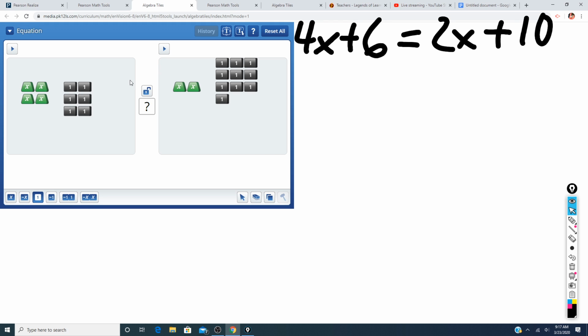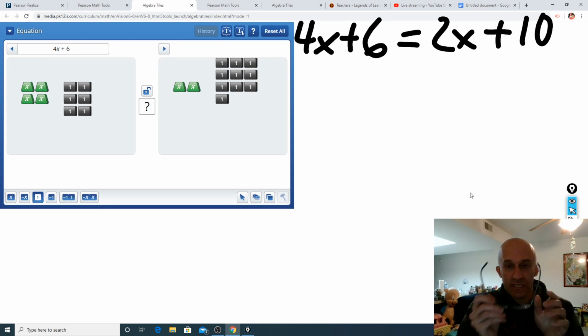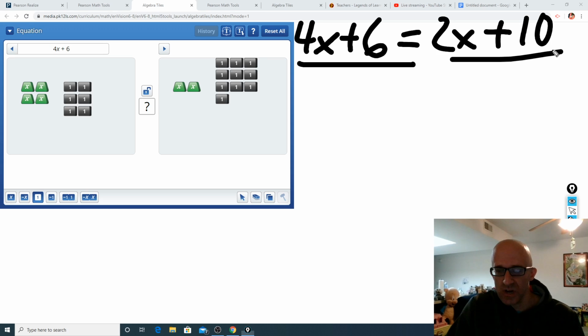If you click the box that I'm hovering over, it says Show Expression. Remember that an equation is two expressions set equal to each other.